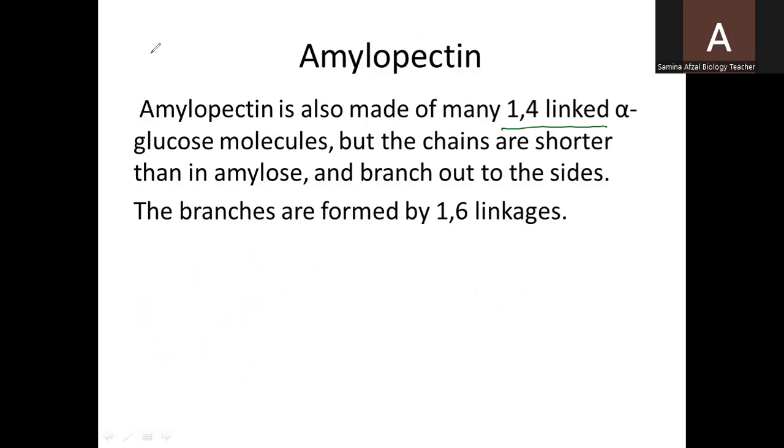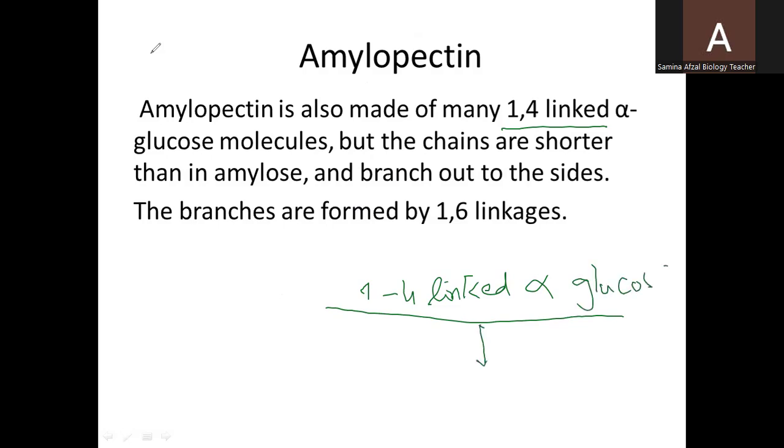In this way, 1,4 linked alpha glucose molecules make amylose, and the same will take place in amylopectin. But this is a branched structure. For example, this chain is 1,4 linked alpha glucose, and there will be a branch structure.